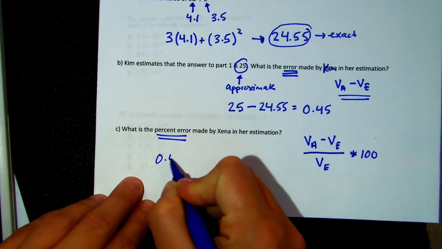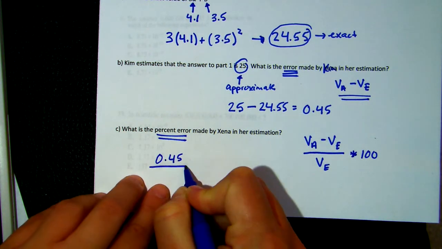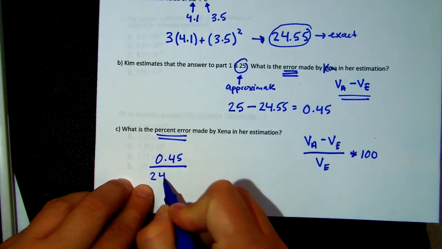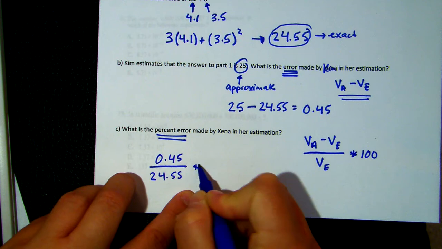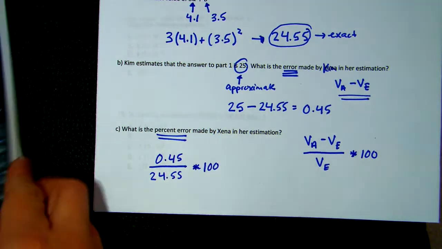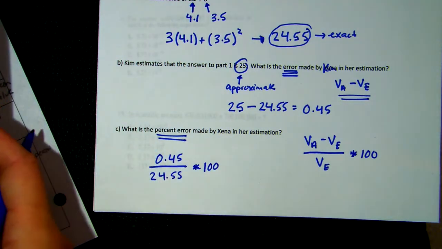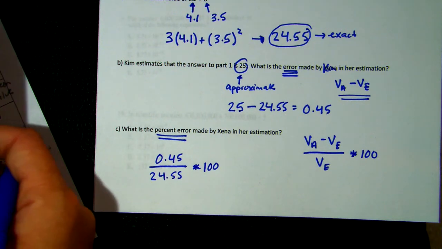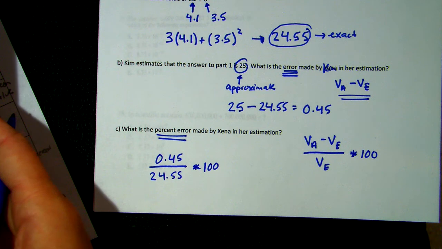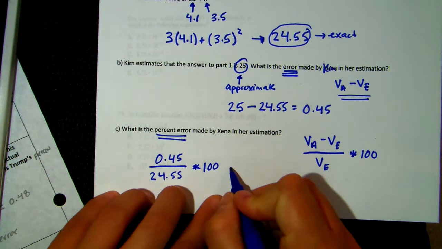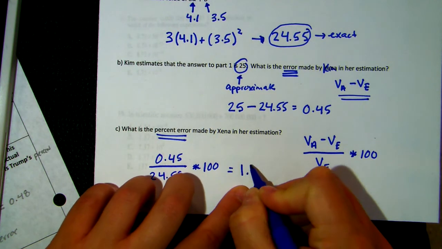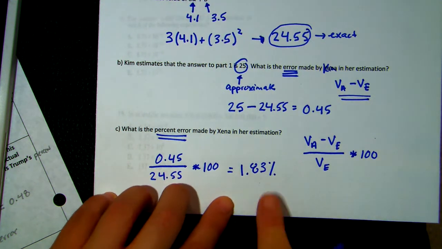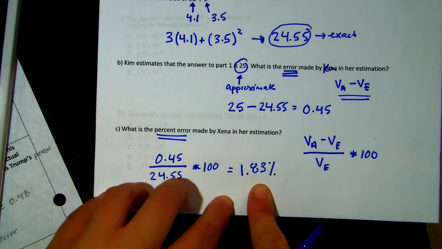So I've got 0.45 over our exact value, which was 24.55, times 100. So set up your fraction bar, 0.45 over 24.55 times 100. That gives me a percent error of 1.83%. So only a little bit of error on that one.